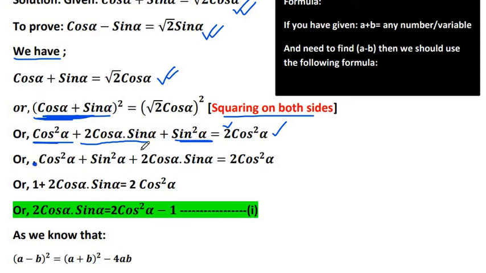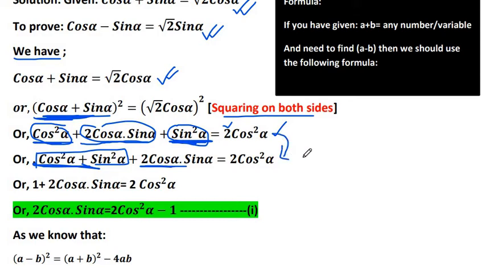Then I arranged the first term and last term at the same place, and wrote the middle term at the end of the left hand side, and copied the right hand side as it is.